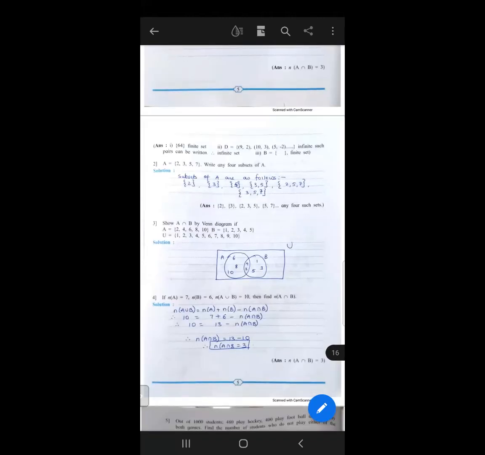Now in question number 2, what is the question? A is equal to {2, 3, 5, 7}. 4 elements are there, 2, 3, 5, 7. Write any 4 subsets of A. Now, as I told you, in practical, only the major part or the main part is covered, but the remaining small subtopics, small concepts, are given in the form of examples that you need to solve.